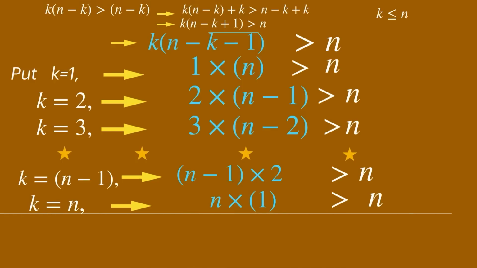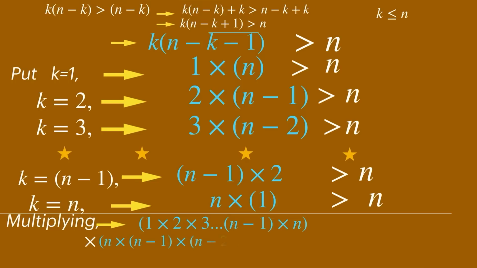So if we multiply all the n equations, from top to bottom, on the left side we get 1 into 2 into 3 into ... into n minus 1 into n, and the right side factor, that is n into n minus 1 into n minus 2 into ... into 2 into 1.